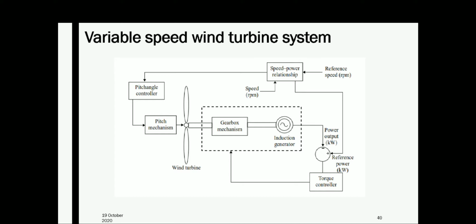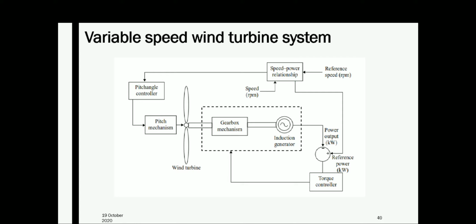The power optimization strategy is employed when the wind speed is below the rated value. This strategy optimizes the energy capture by maintaining a constant speed corresponding to the optimum value of tip speed ratio. If, however, speed is changed due to load variation, the generator may be overloaded for wind speed above the nominal value. In order to avoid this, methods like generator torque control are used to control the speed.